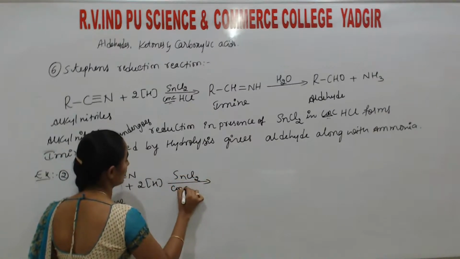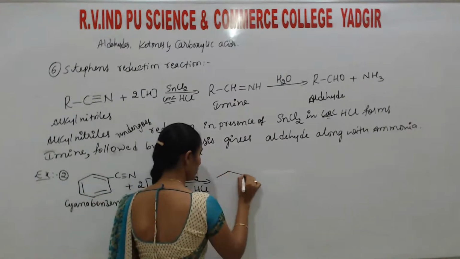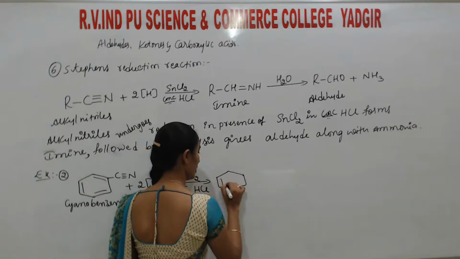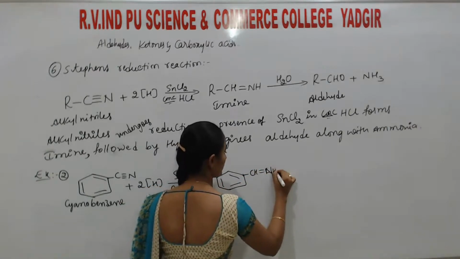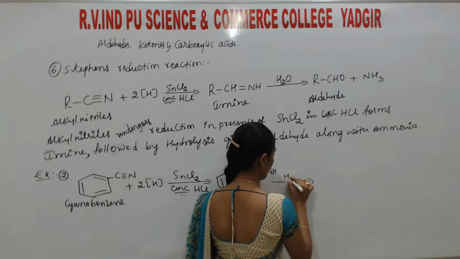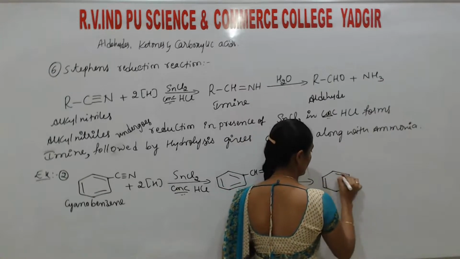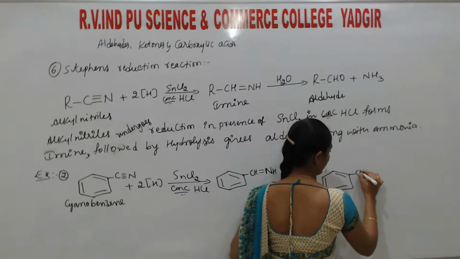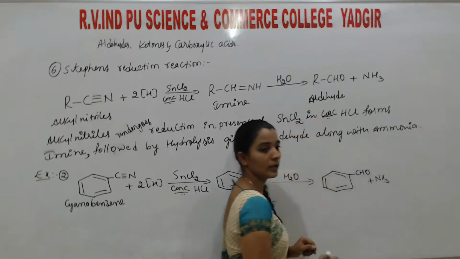With stannous chloride in concentrated HCl, this gives benzene with the imine group. Okay. So upon hydrolysis gives benzaldehyde.